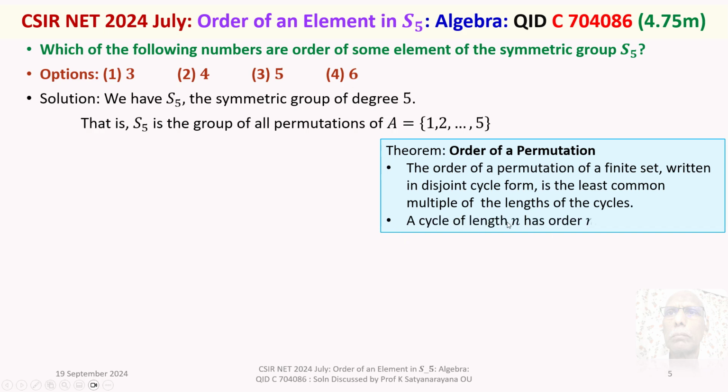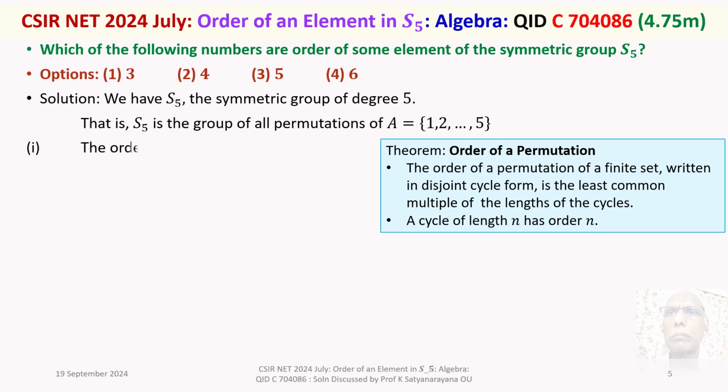A cycle of length n has order n. Obviously, this follows from the above also. So is there an element in S5 of order 3? Yes. Take a cycle of length 3. For example, alpha is equal to the cycle (1 2 3).